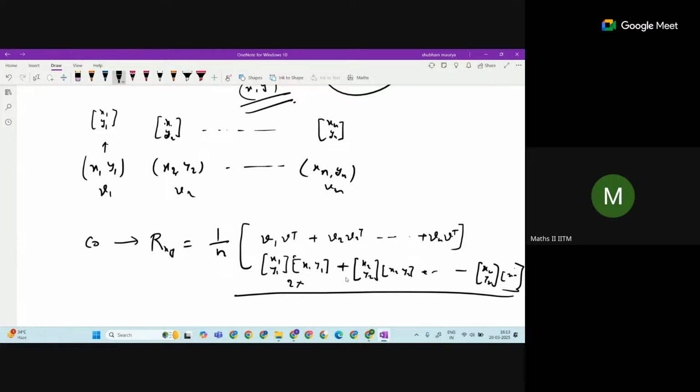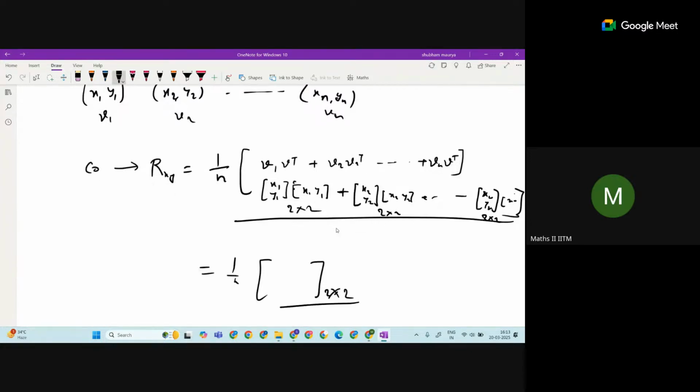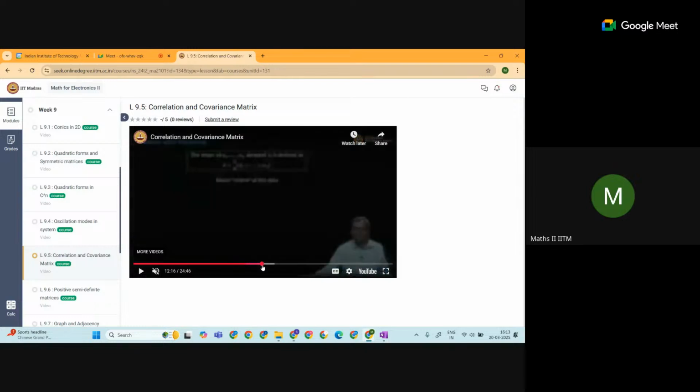If you multiply these, you get a 2 cross 2 matrix each time. Finally, if you add them all, you get the result. You can remember that formula from the lecture if you want; otherwise, no need to remember it. This matrix is called the correlation matrix.